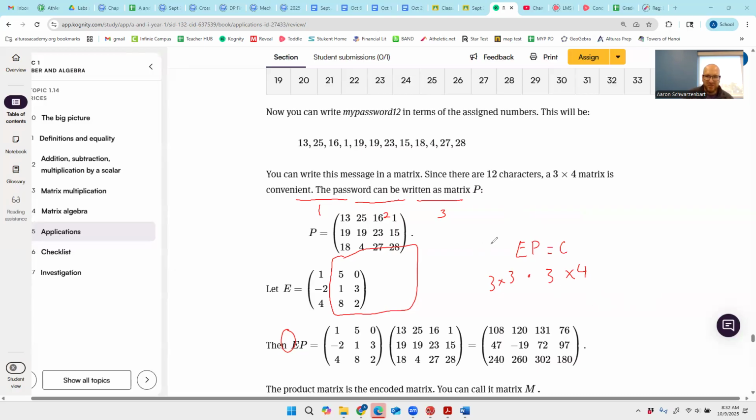To undo this side, I would multiply by E inverse, which means I need to do E inverse C. And again, I'll never invert a 3x3. I will always let my calculator do that.